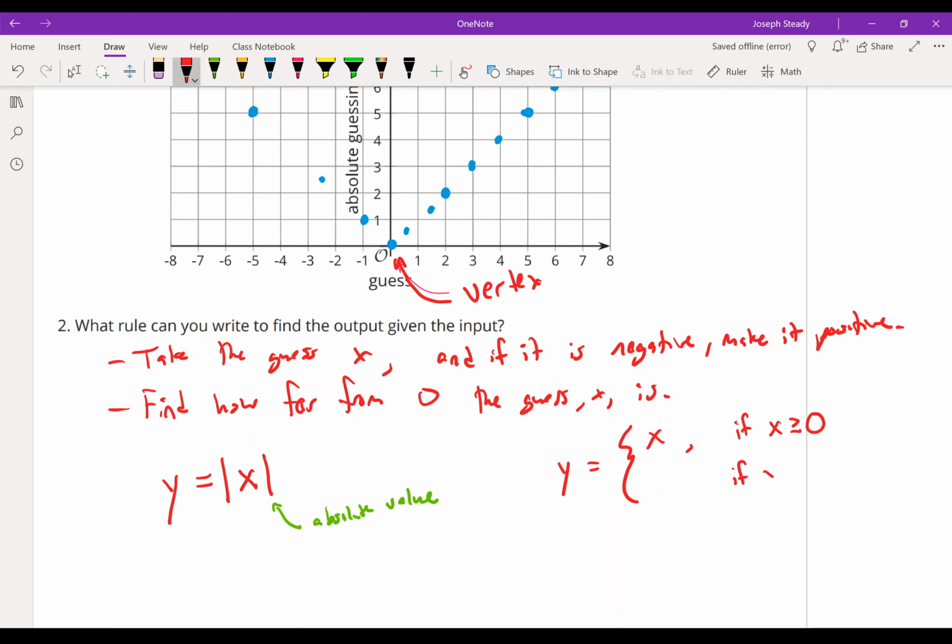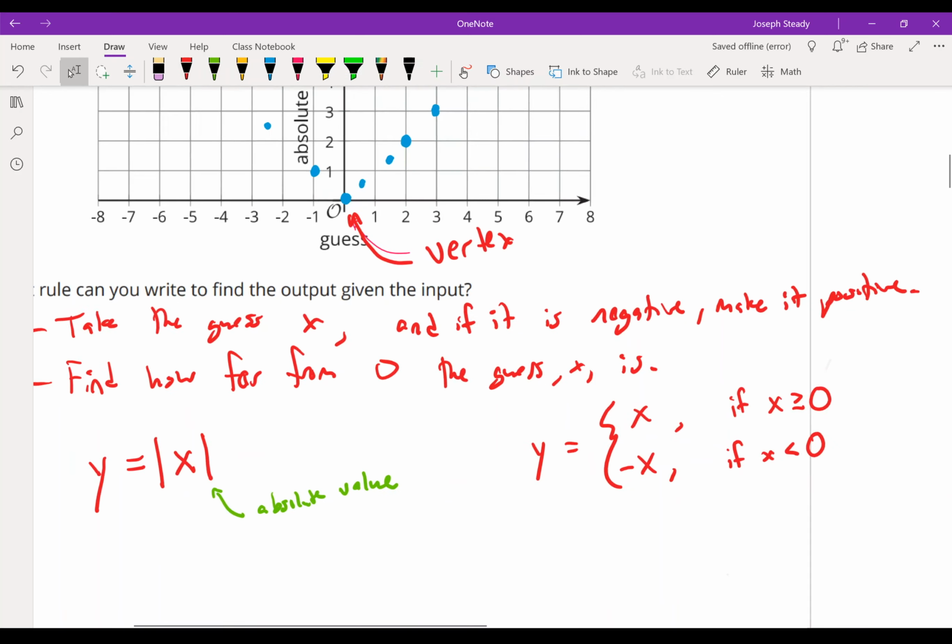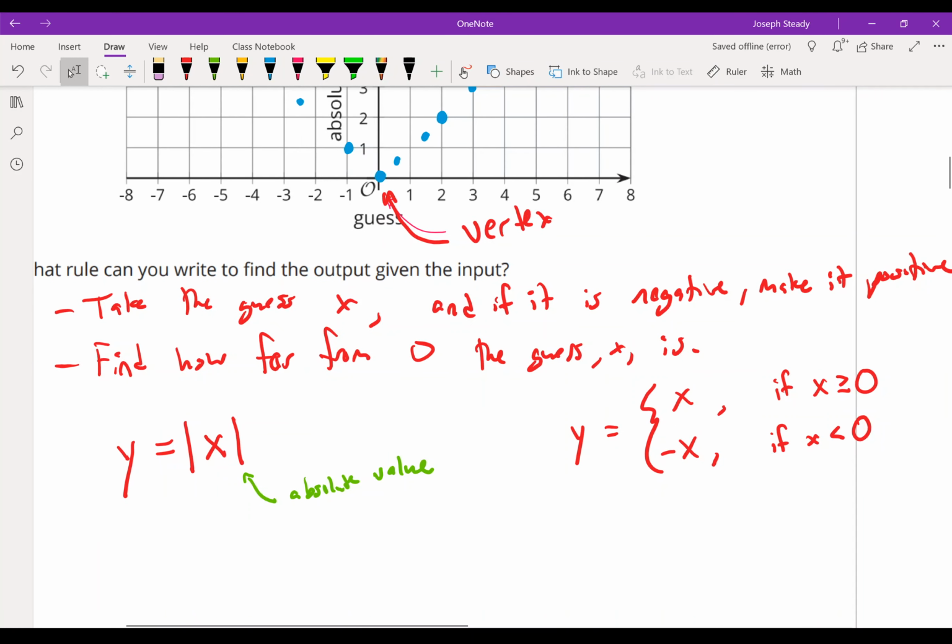If x is less than 0, in other words, if it's negative, then we take the opposite of it. We make it positive. So our output will be -x. So there are a few ways we can talk about this rule, and also a couple different ways to write the rule for an absolute value function.